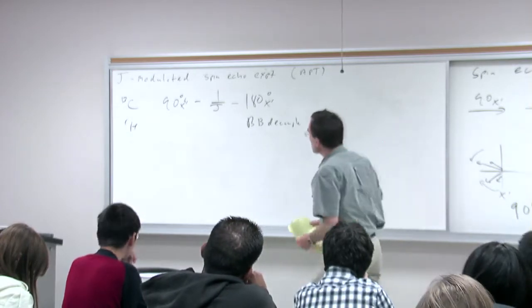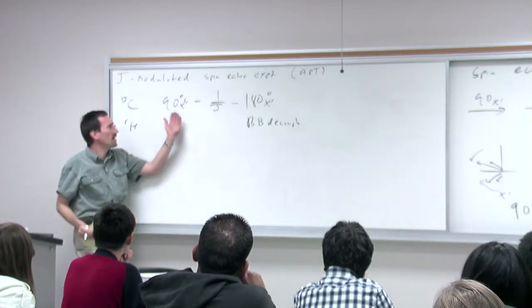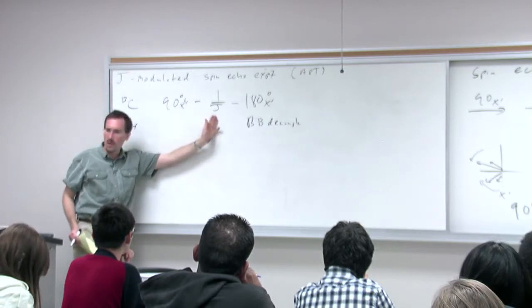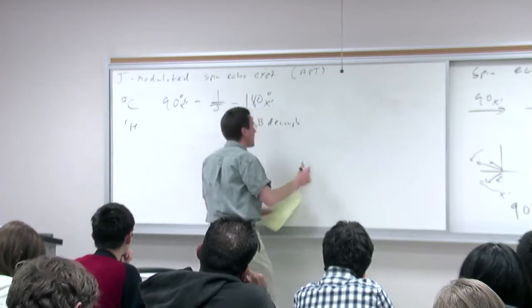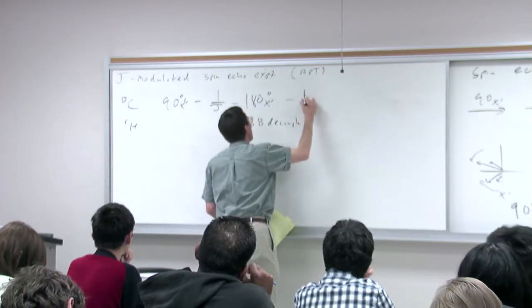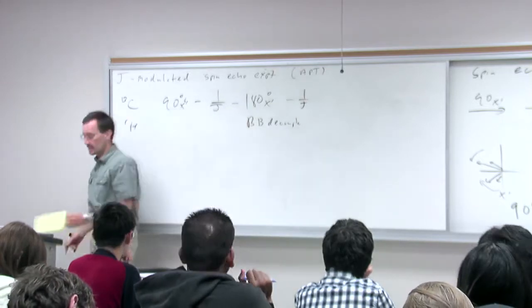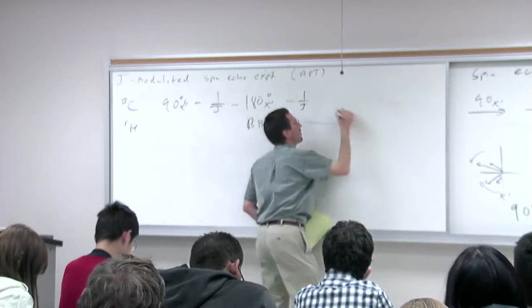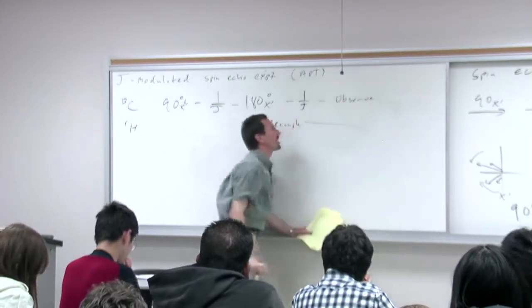But here we've done something first where we haven't immediately turned on the broadband decoupler. We've applied our 90-degree pulse. We're waiting 1 over our coupling constant. We're then going to wait another 1 over the coupling constant. And then we're going to observe all the time with our broadband decoupler going on.